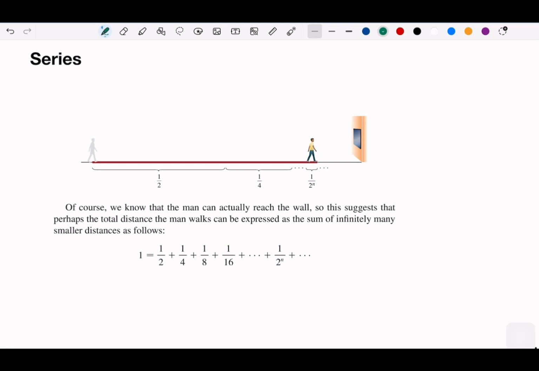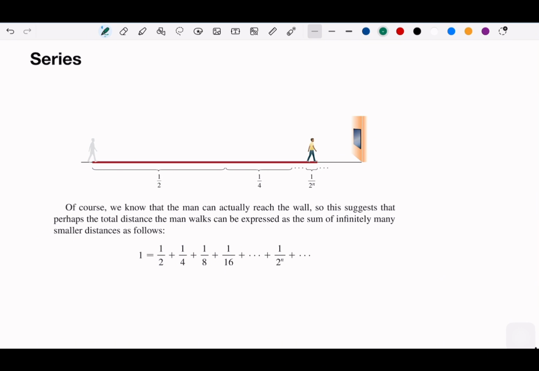But if we want to compute the total distance this man walks, and if we increase the number n, then we can express the sum of infinitely many smaller distances like this.